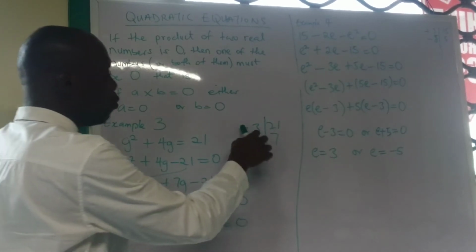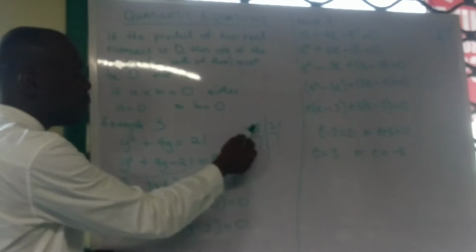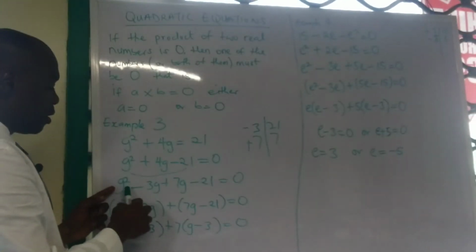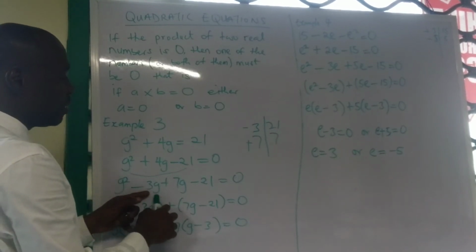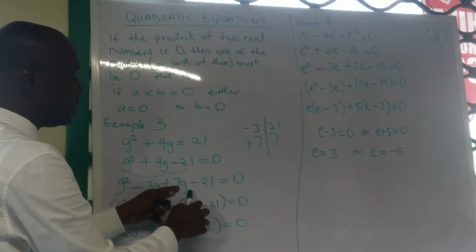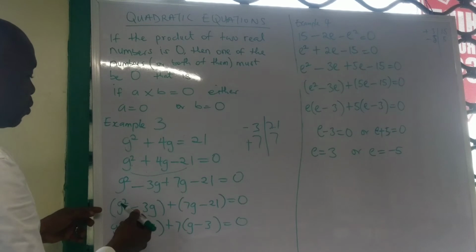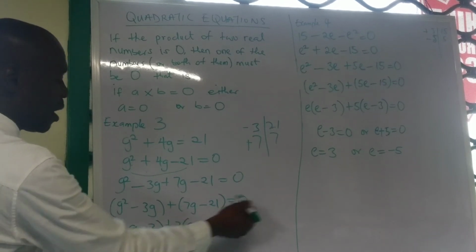So we're good to go to use this value. We now input this instead of 4, so it becomes g squared minus 3g plus 7g minus 21 equals 0. So we now expand: g squared minus 3g plus 7g minus 21 equals 0.